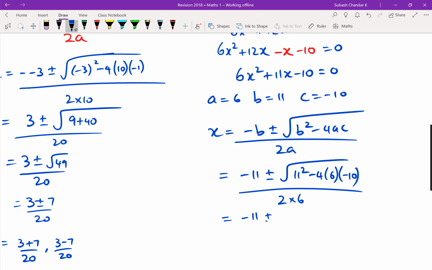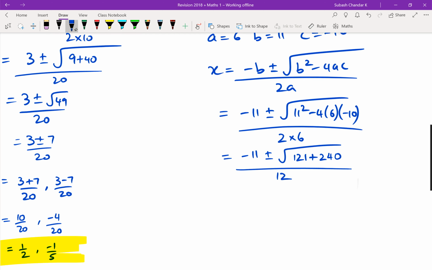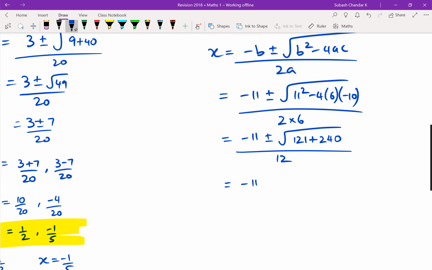So I got negative 11 plus or minus the square root of 121 plus, what have you got? 240, is it? Over 12. So you got negative 11 plus or minus the square root of 361. Am I on the right track here?